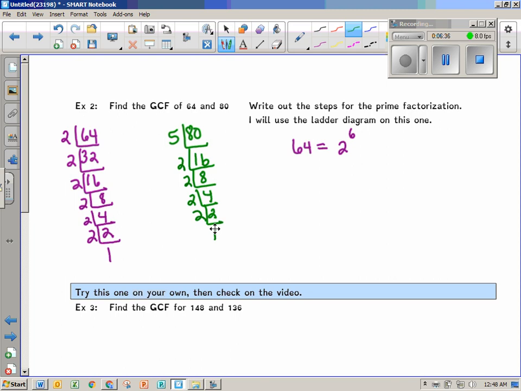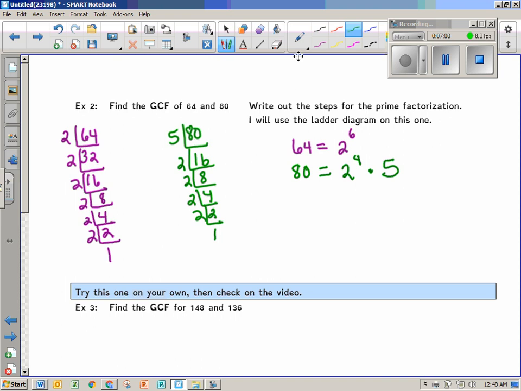If you don't go all the way down to the 1, you're going to be missing a 2, and that's a problem. So let's write 80 equals, so we've got 4 2's, so we've got 2 to the 4th. You can use the multiplication dot if you don't prefer the parentheses, times 5.